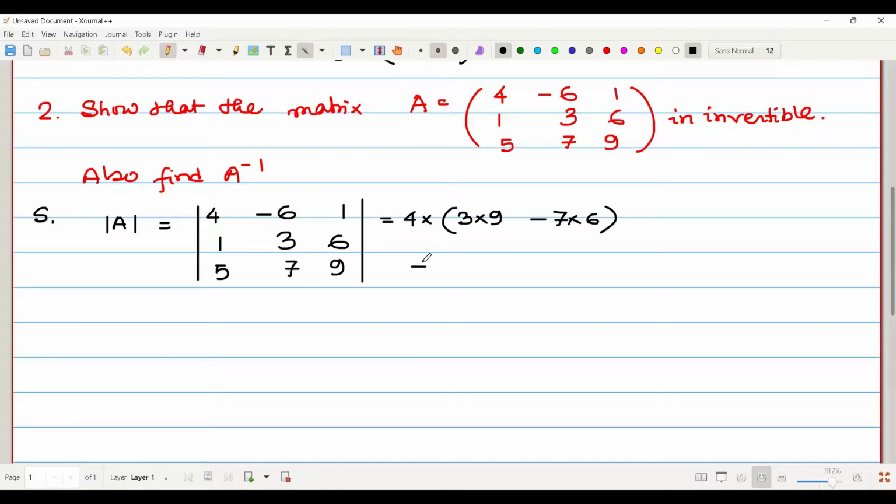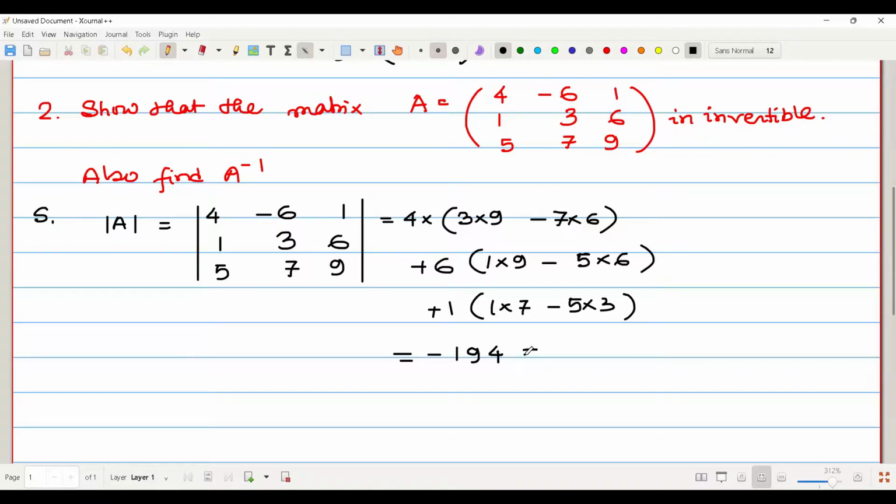Then minus 6, that means that should be plus 6, (1 cross 9 minus 5 cross 6). Then plus 1, (1 cross 7 minus 5 cross 3). So that is equal to minus 194, that means not equal to 0. So we can say A is invertible.